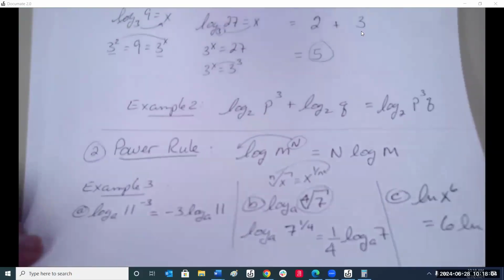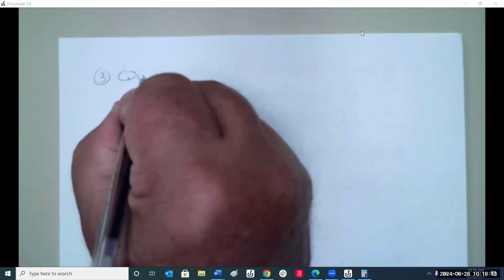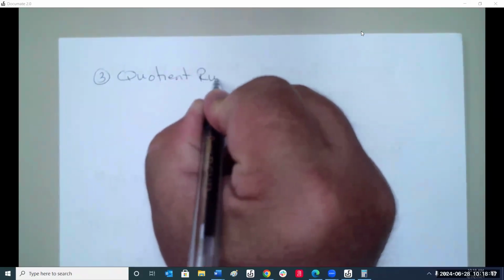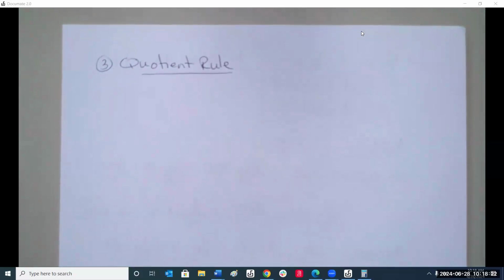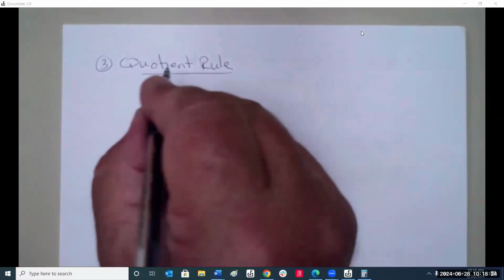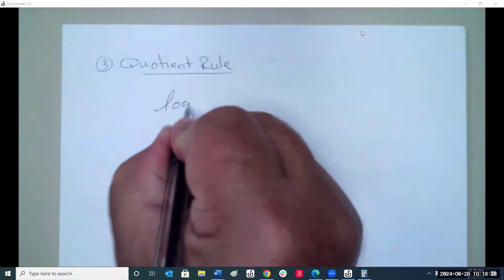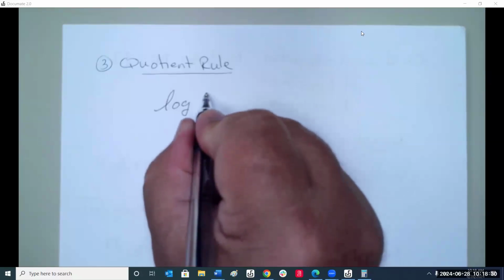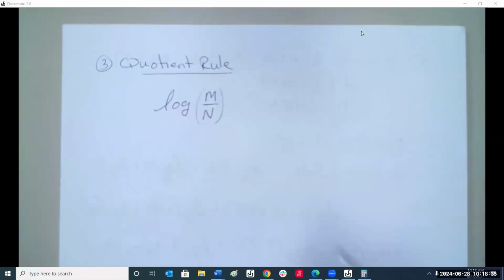Now comes fractions, the quotient rule. What this one says is log of m over n.